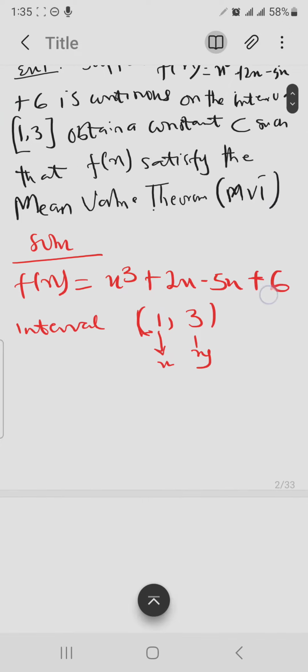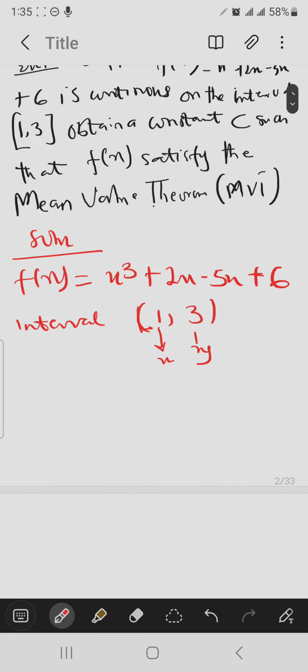So here this is going to be a and this is going to be b. So a will be 1 and b will be equal to 3.